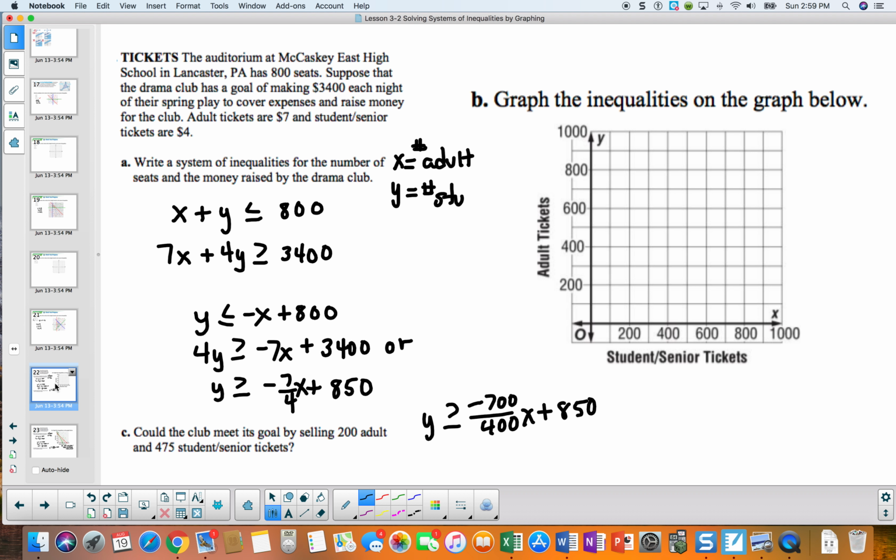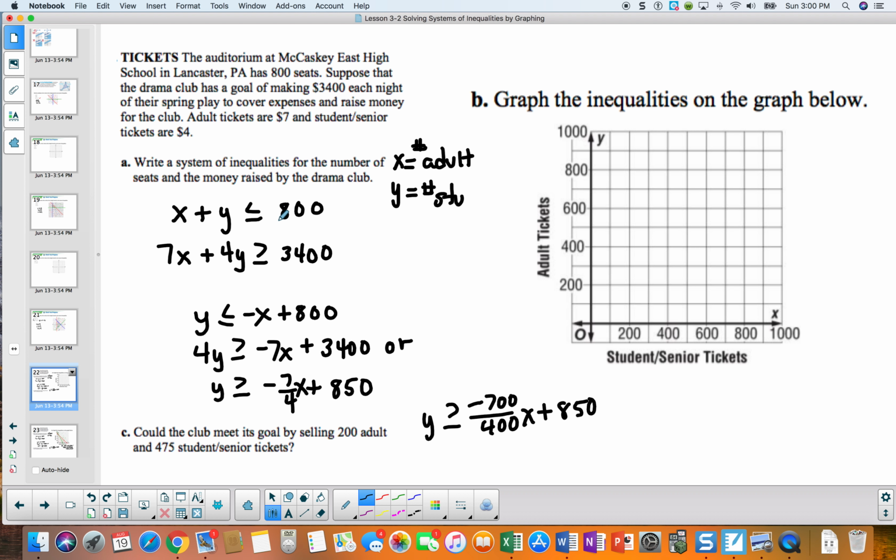On our last problem, let's take a look at why we look at inequalities. The auditorium seats 800 students, and the drama club wants to make $3,400, and they're going to charge adults $7 and students $4. So the first equation I can see is x plus y is less than or equal to 800. In other words, they can't have more than 800 seats, so it has to be less than.